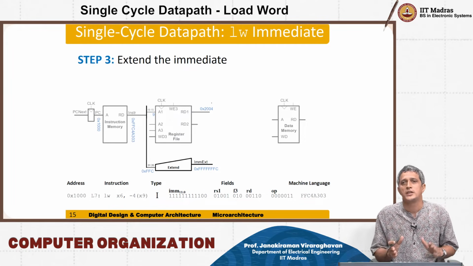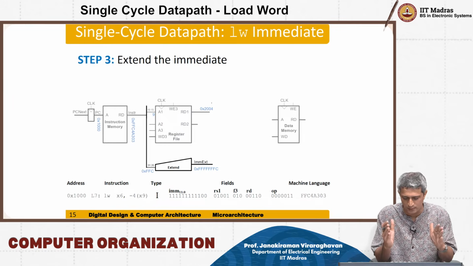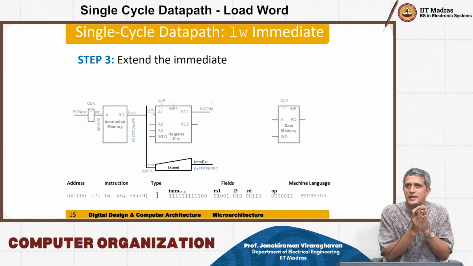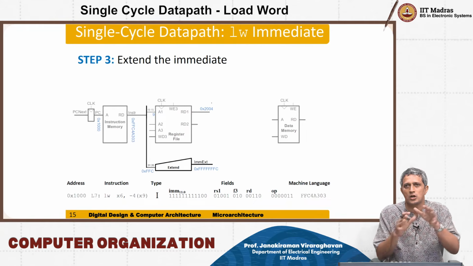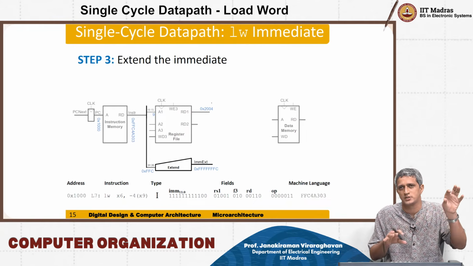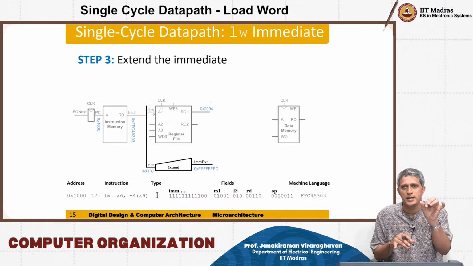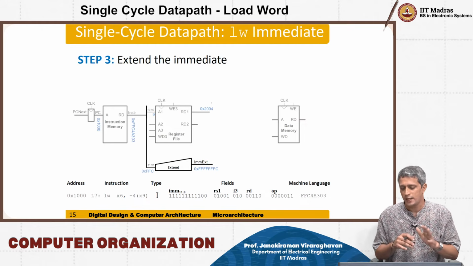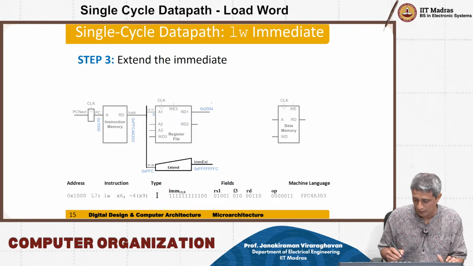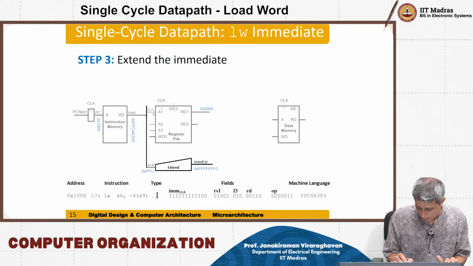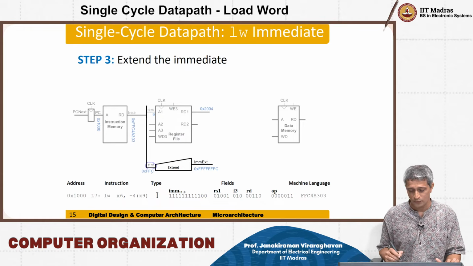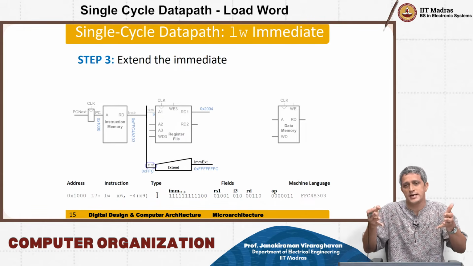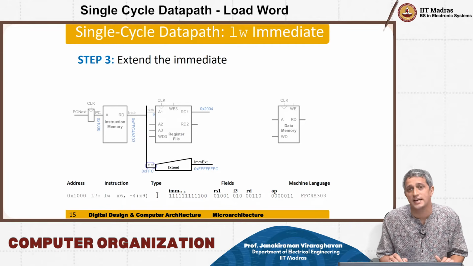Like I told you, the immediate data is only 12-bit, 0 to 11, and it's not compatible to do arithmetic operations with 12-bit data and 32-bit numbers, because the register gives me a 32-bit number. Therefore you have to do sign extension, and this 31 to 20 is where of the machine code the immediate data resides, and that is given to the sign extender.